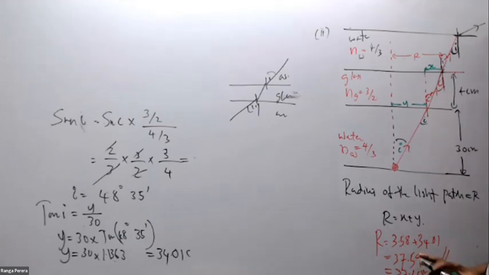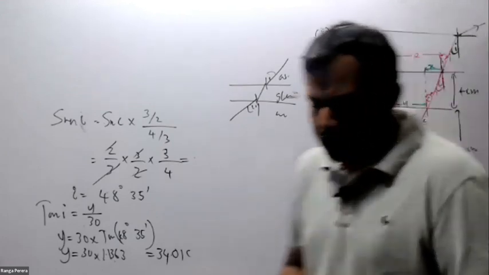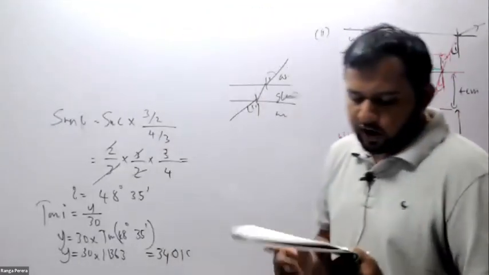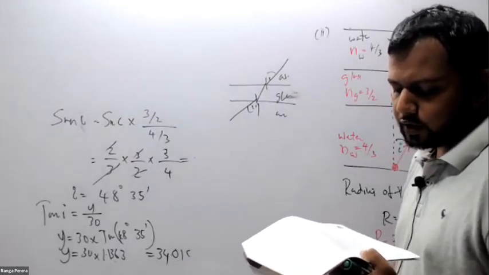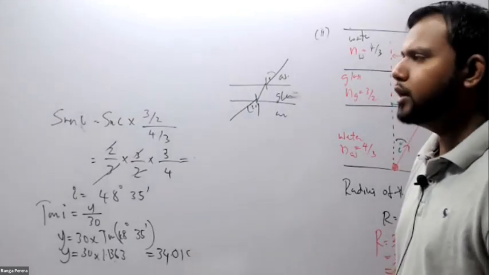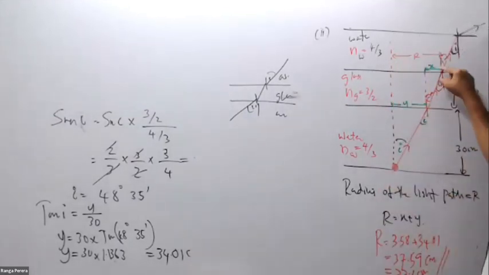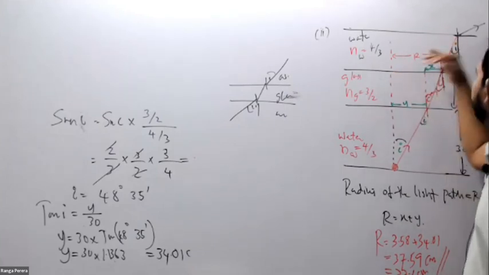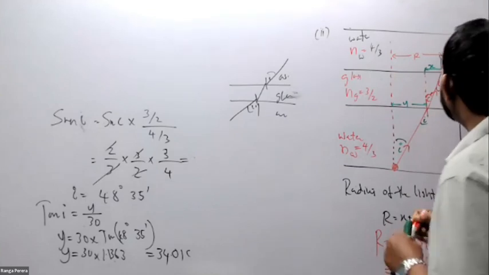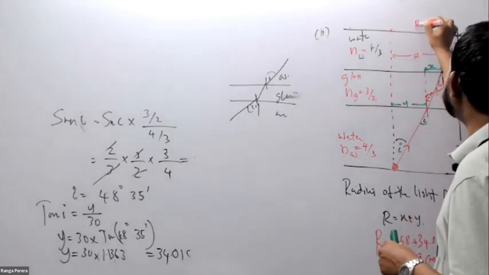So what happened here, according to the question they asked? What will happen to the diameter of the circular patch of light when another layer of water is placed on the glass plate? Briefly explain your answer. The circular patch initially is R, but now it is more than R. The new circular patch is R dash.